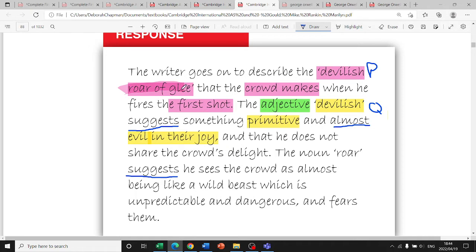Yes, this is a quote, but now I'm digging down into the phrase that I've extracted from the text. Here's where my interpretation is starting to come in. Almost evil in their joy, something primitive. And that he does not share the crowd's delight.